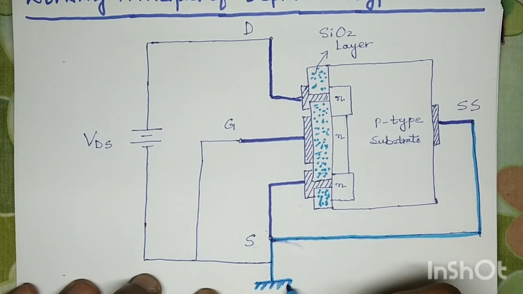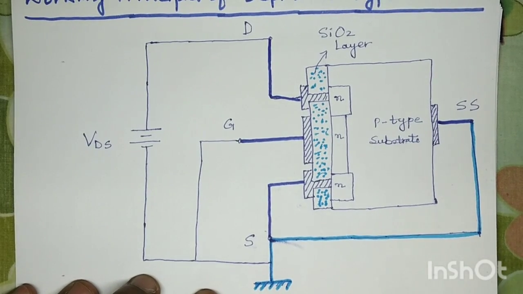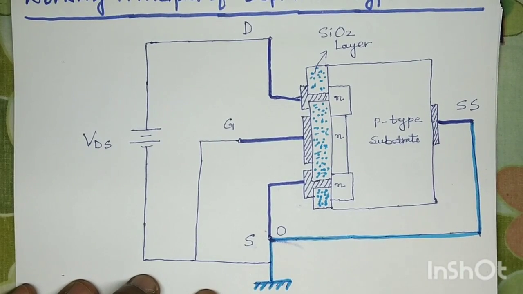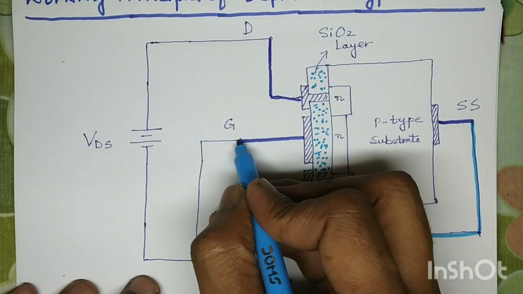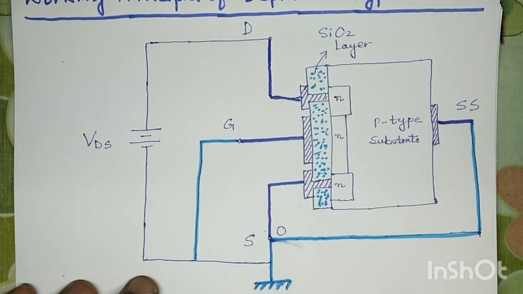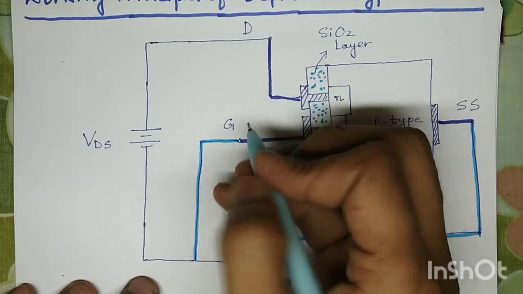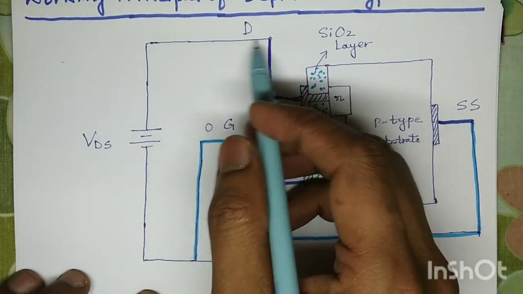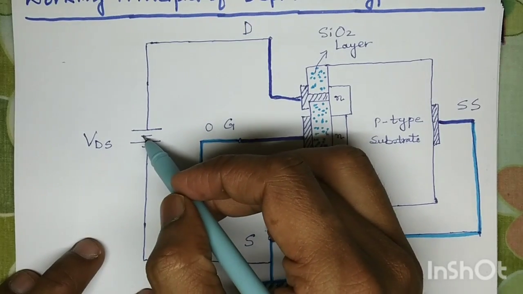It means source and substrate are both at zero potential, at ground potential. Next, the gate is also connected to the ground, so the gate is also at zero potential, and the drain is connected to some positive potential.